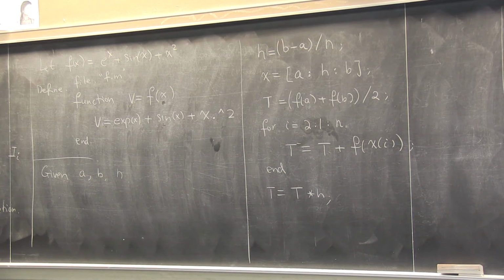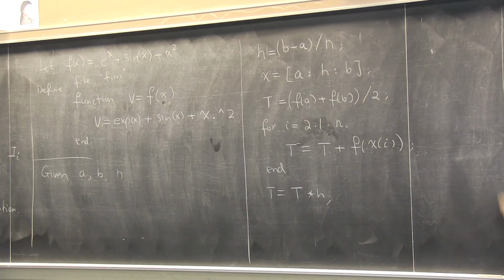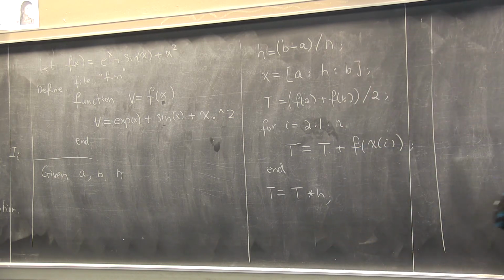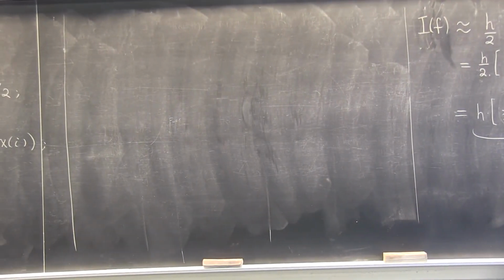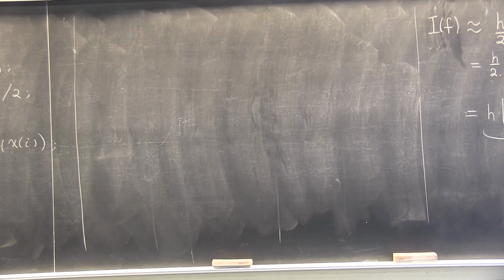Okay, I want to tell you something more. Now, this would be a code you would write if you are dealing with just a regular programming language. But you are dealing with MATLAB now. MATLAB has tons of predefined functions, specially designed for vectors and matrices.